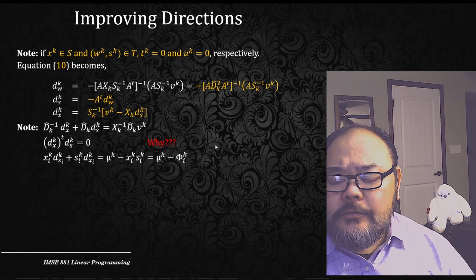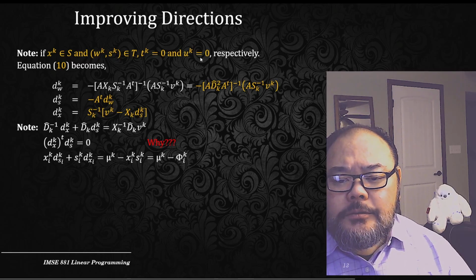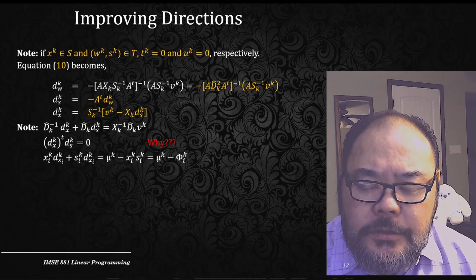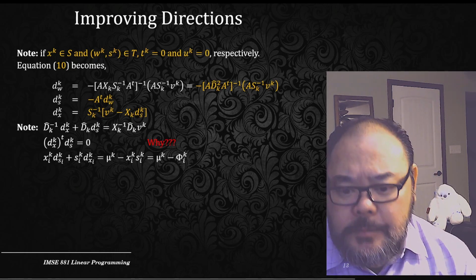Okay, so the first case is if tk equals 0 and uk equals 0, then the current solution already satisfies primal feasibility and dual feasibility.